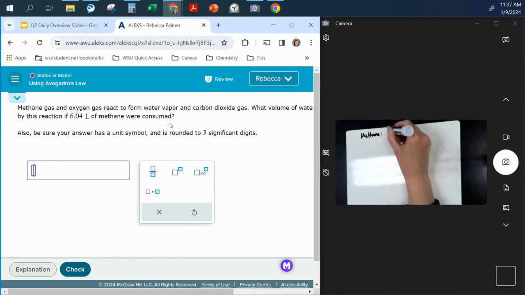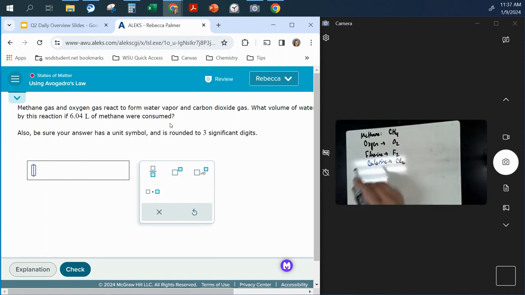Methane is CH4. So also remember, like oxygen. When they say oxygen, they mean O2. When they say fluorine gas, they mean F2, or chlorine gas is Cl2, okay? Hydrogen, H2, good. What else?